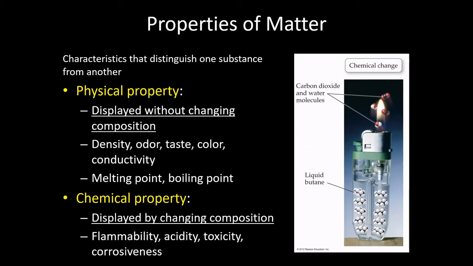So the example we have here of the chemical change is now we're doing the same thing we did before, but now we actually do hit the striker portion of the lighter, and so we still have the liquid butane that's escaping, but now instead of just escaping and going into the gas phase, it is burnt to produce this flame. And so that is a chemical change because it is displaying the chemical property of flammability.